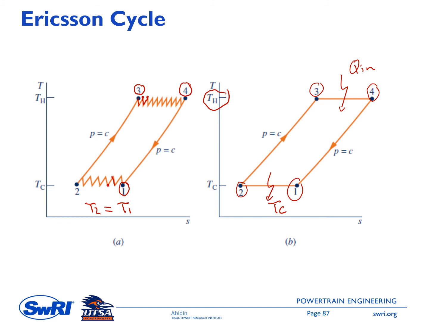As you can see here, the Ericsson cycle is also an ideal cycle. The efficiency of this Ericsson cycle also follows the Carnot cycle efficiency formula, which is 1 minus Tc over Th.